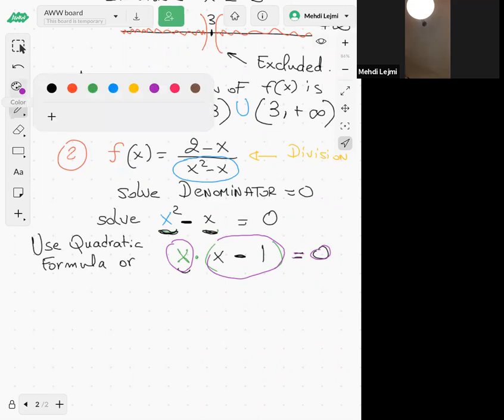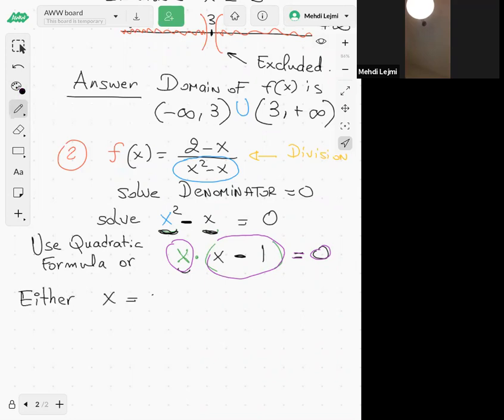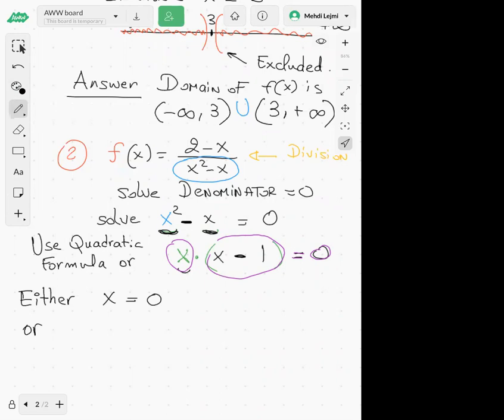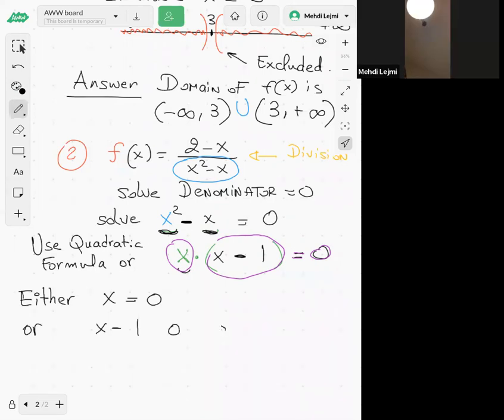So either the x is 0, the first factor is 0, so x is 0, or the second factor, or the second number, if you prefer, so that's x minus 1 is 0. X minus 1 is 0, of course, means that x is positive 1.